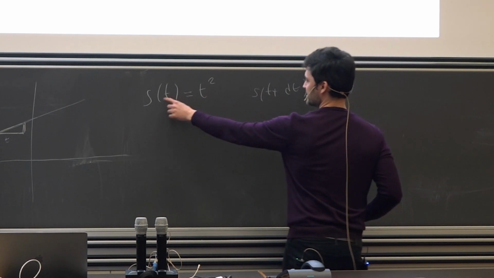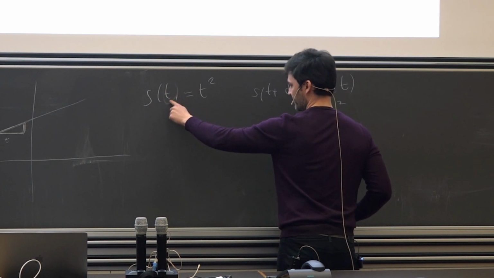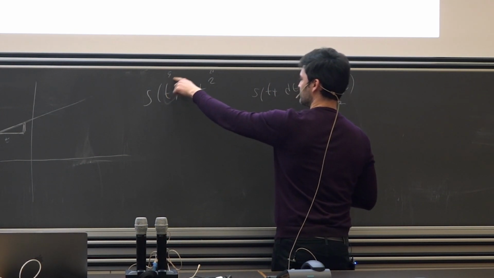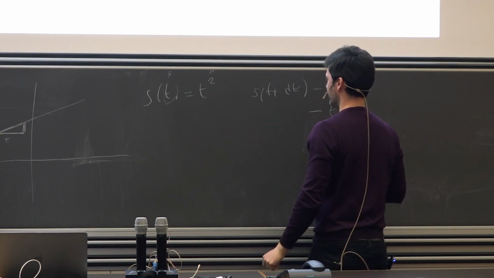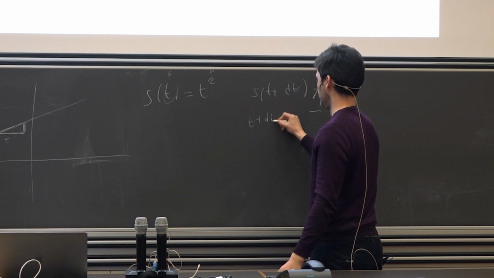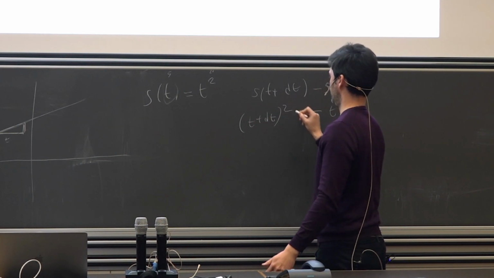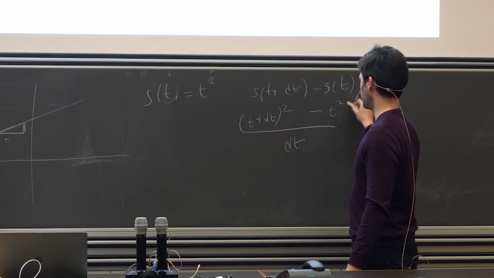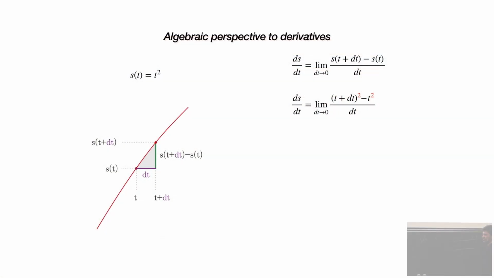So whatever is inside, whatever it is, if it's 5, it gets 25. So whatever it is becomes that times itself, or squared. So then it would be t plus dt squared. Okay, divided by dt. So this is an expression that can help us to find what the true derivative is.